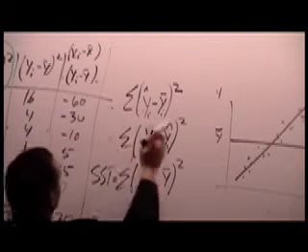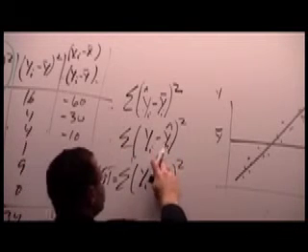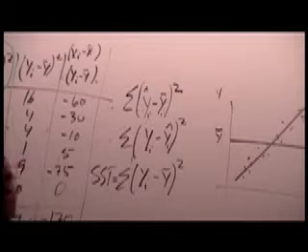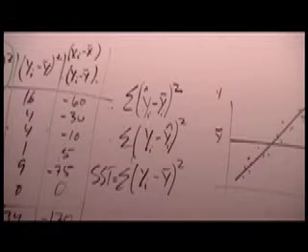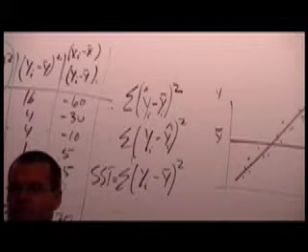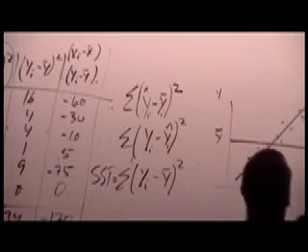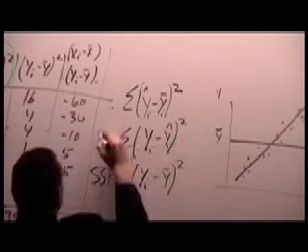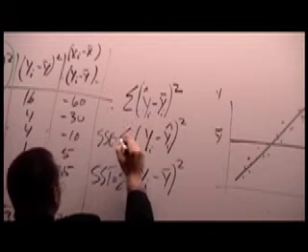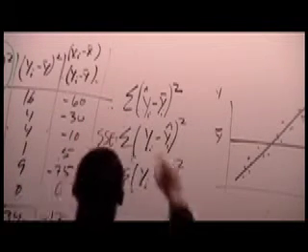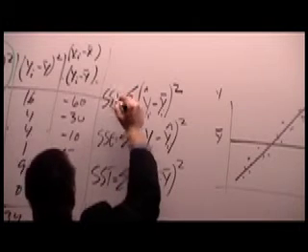This, you've also seen. Y minus the predicted y is error. Yes, exactly. So this piece is just the error, so this is the sum squared error. And that leaves this piece, which is called the sum squares regression.